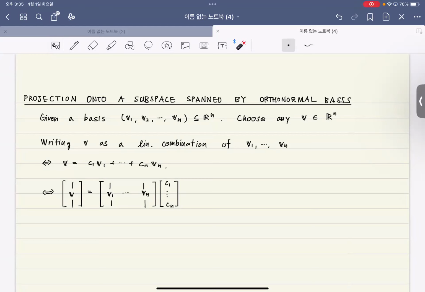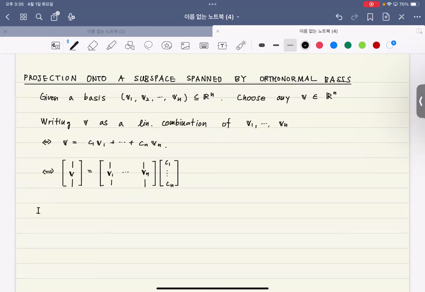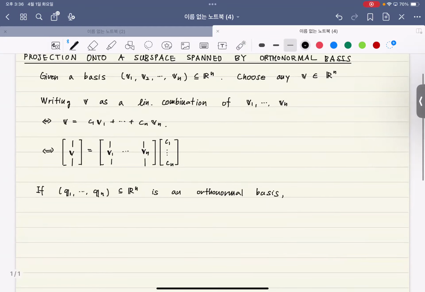But on the other hand, what if we have an orthonormal basis for the same space? If Q1 to Qn is an orthonormal basis, then by the same logic, being orthonormal implies these vectors are linearly independent, and I have n linearly independent vectors in an n-dimensional vector space.